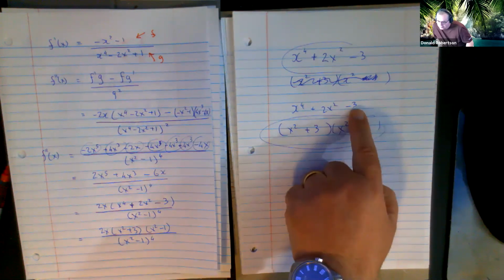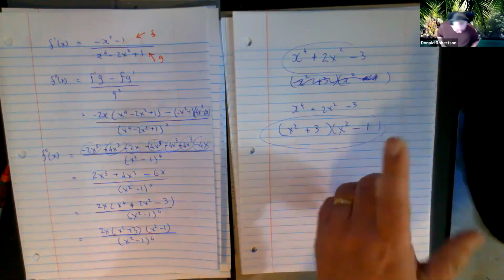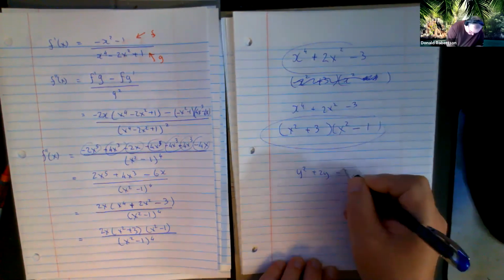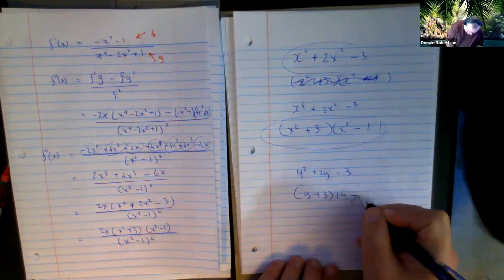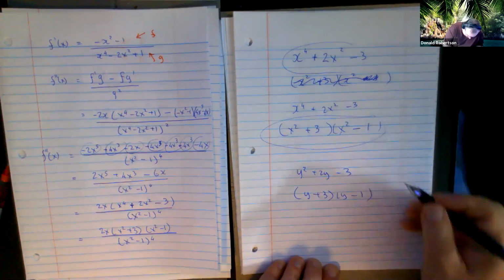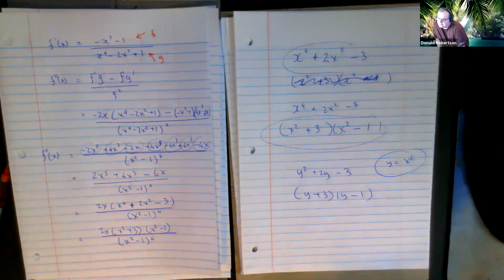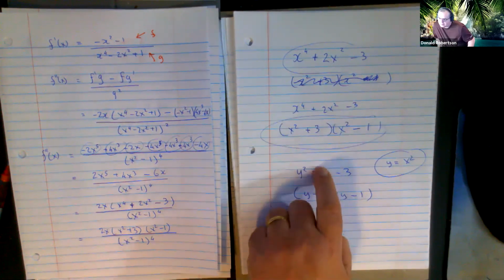Two numbers that multiply together give you -3, and when you combine them, you get +2. It's a bit like someone saying, can you factor this guy? And you should be able to say, yeah, I've done tons of them. Well, isn't y like x squared? You see, same math.